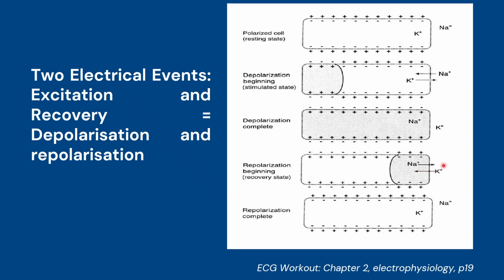Potassium goes out of the cell and sodium is pumped out under the effect of sodium-potassium ATPase, and the interior of the cell starts to turn negative while the external surface becomes positive, which is partial repolarization. When it is completed and returns to the polarized state, we call it complete repolarization.